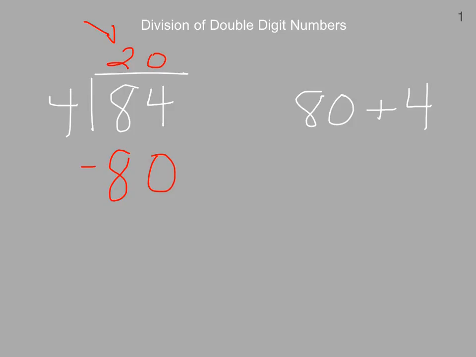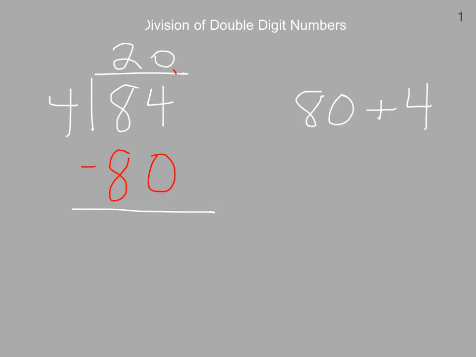So we don't get this idea that the 2 is going to go right here, because that can sometimes happen with students. They are forgetting to place the number in the correct spot. So we can get rid of that confusion by saying the 4 times 20 is 80. Now we're going to subtract, just like we usually do.